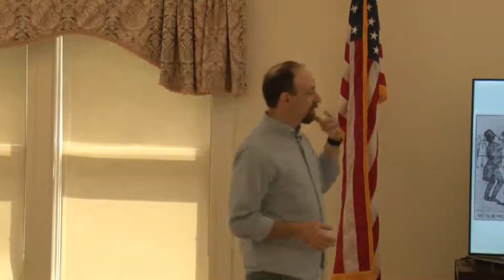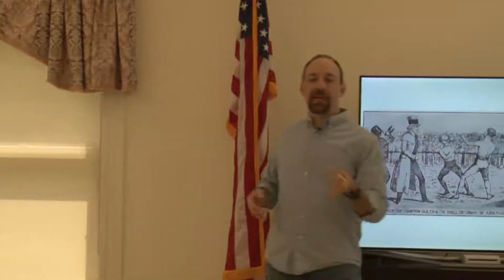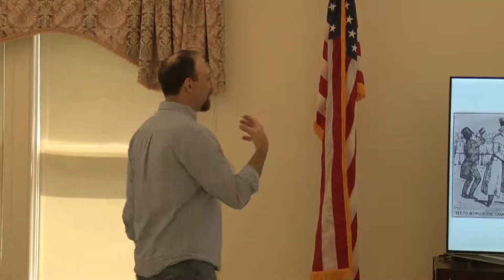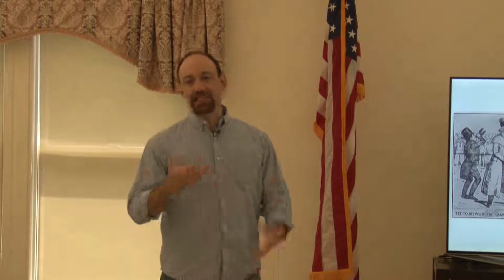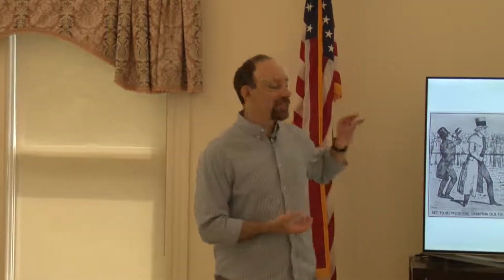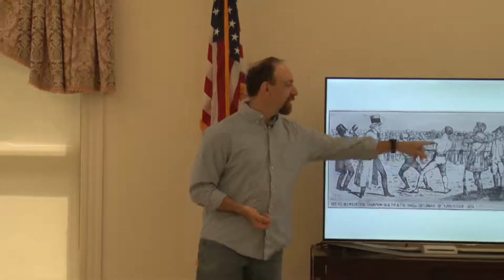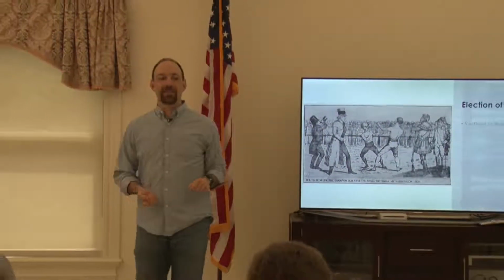You have Van Buren against William Henry Harrison. William Henry Harrison was himself a military hero from the War of 1812, the victor at the Battle of Tippecanoe in 1811. So he has this national reputation. And the election of 1836 ends up being somewhat of a brawl, as you see depicted here in this cartoon. What's going on here? Martin Van Buren fighting against William Henry Harrison.